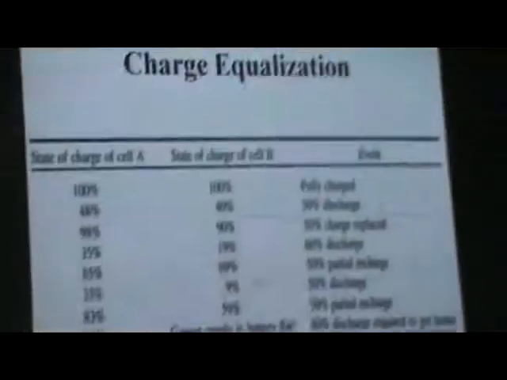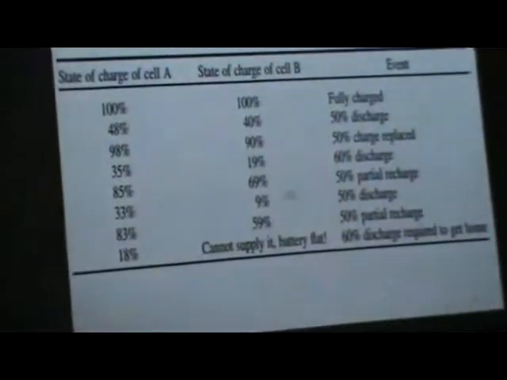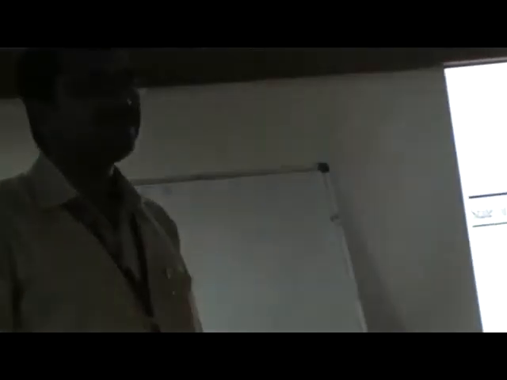Suppose you want to discharge some amount of energy, what is the lifetime period? At 100% the battery is fully charged. Now you want a 50% discharge, but this battery will discharge only 48%, because due to the chemical reaction you have 10% losses. If you want 50% discharge, there are 10% losses.